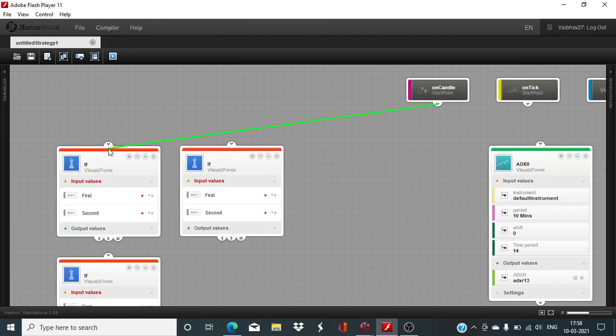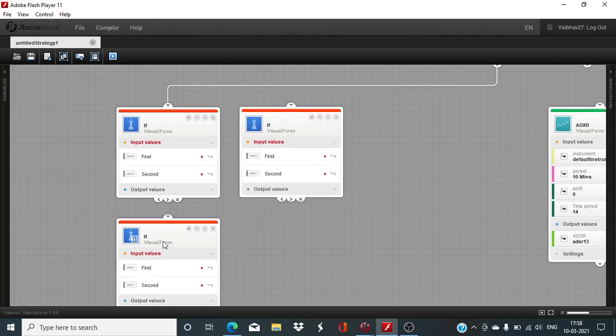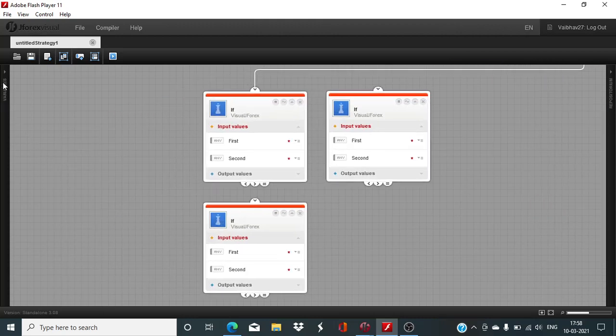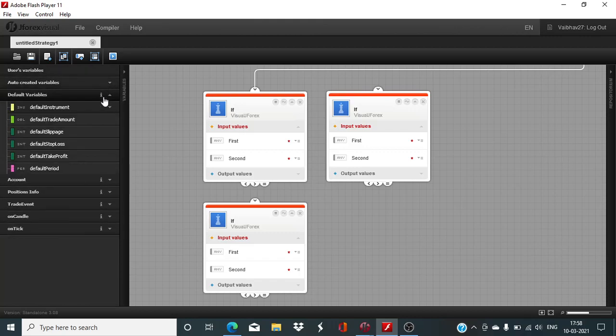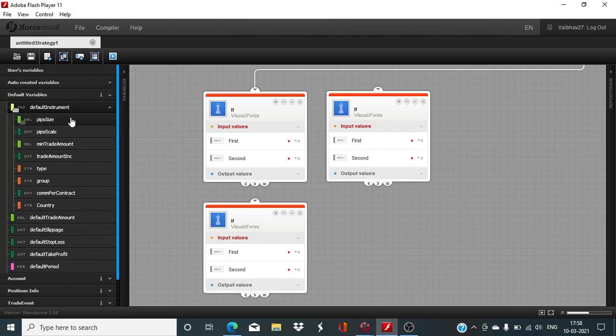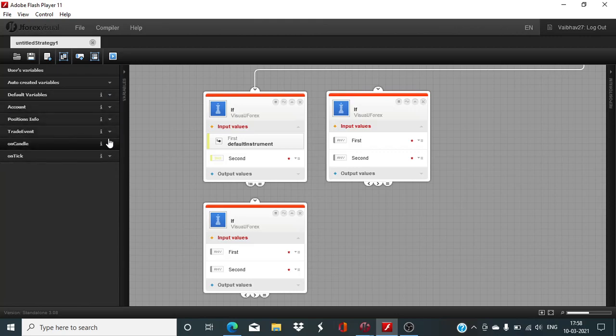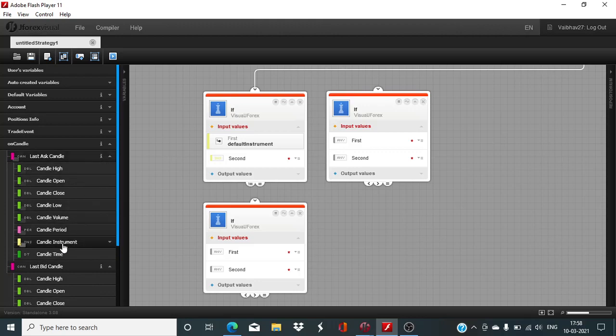Okay, we will use on candle. Now to do the instrument subscription, we have to look at the default instrument, and they should match. You can use ask candle or bid candle, candle instrument.